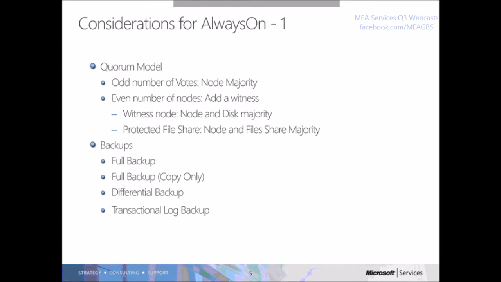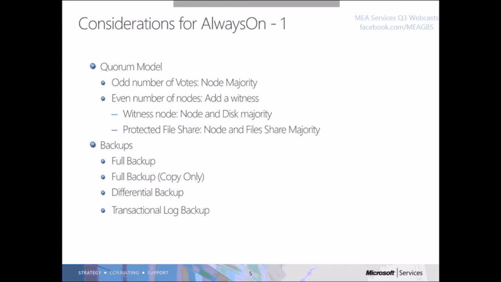Likewise, if the number of nodes is odd, the default model is node majority. There are two other models in terms of quorum selection, typically file share resources and lastly node majority, in which case these are not going to be implemented out of the box. They have to be configured separately.